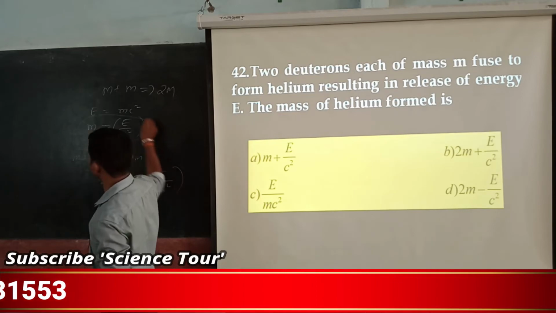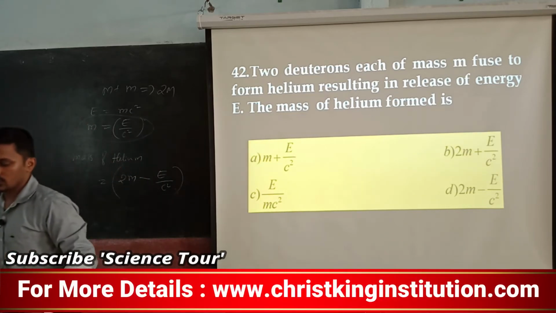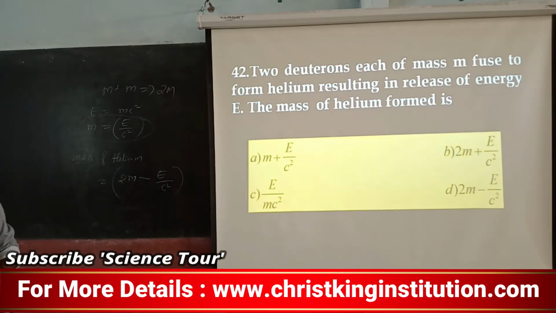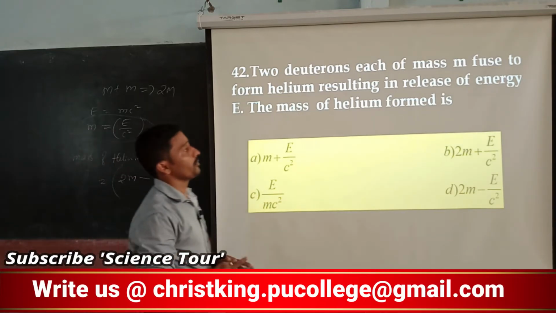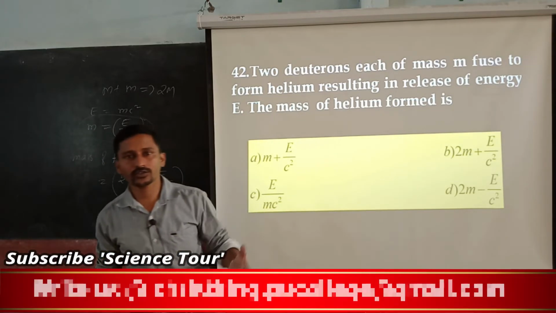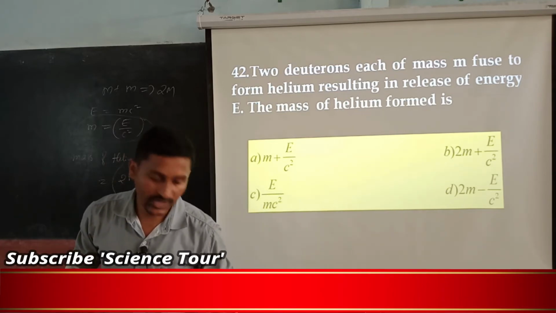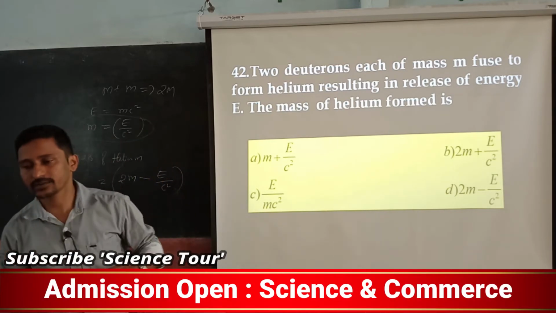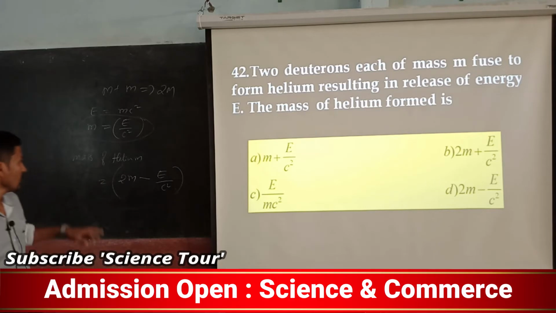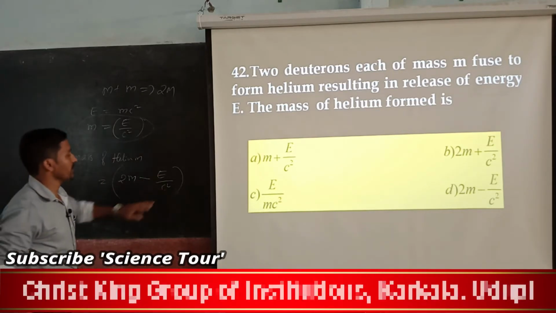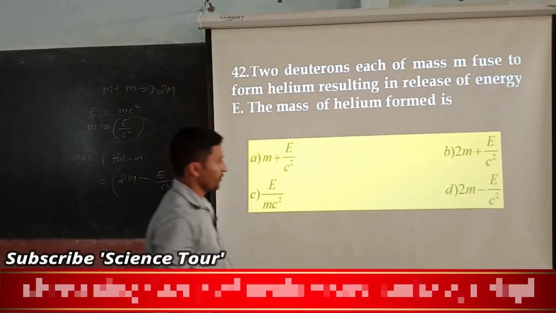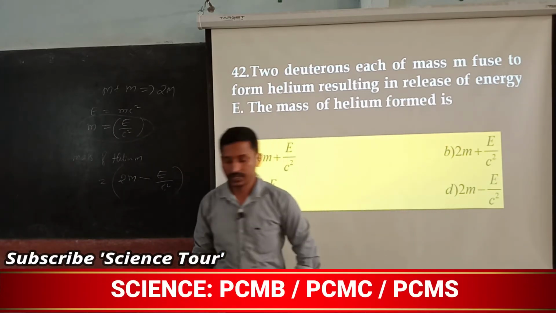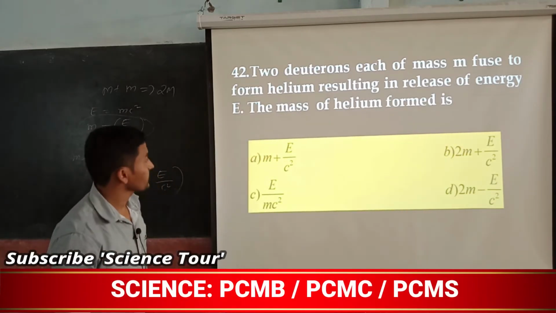This much goes to binding energy, so in the total mass, that is m plus m, 2m should be there, but 2m you won't get, because some mass is utilized for binding energy. Now what mass is utilized for binding energy? This E by c square is utilized. So in that way, the mass of helium is 2m minus E by c square, that is the thing.